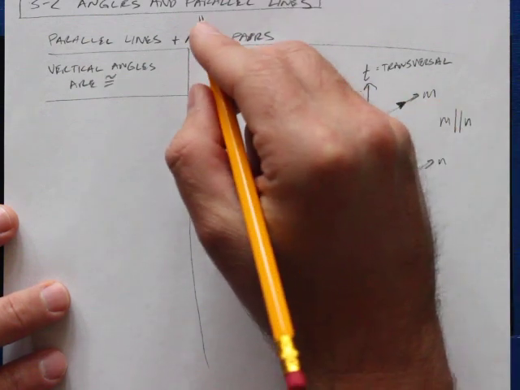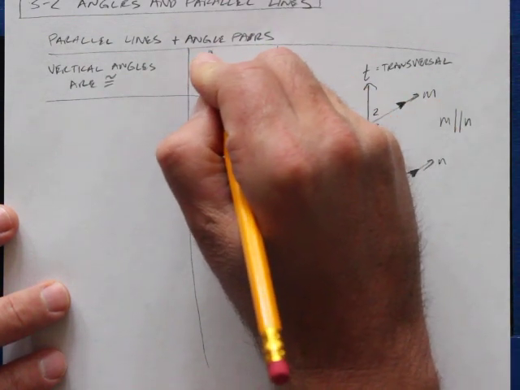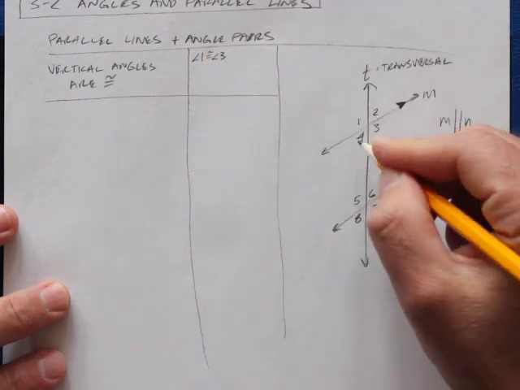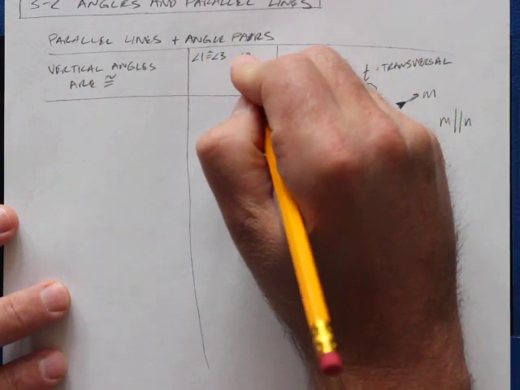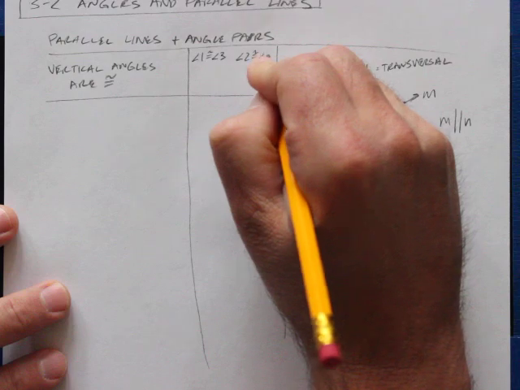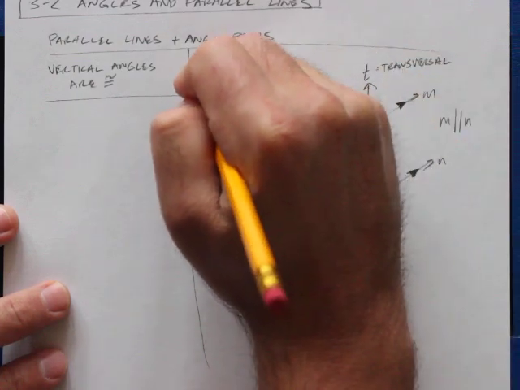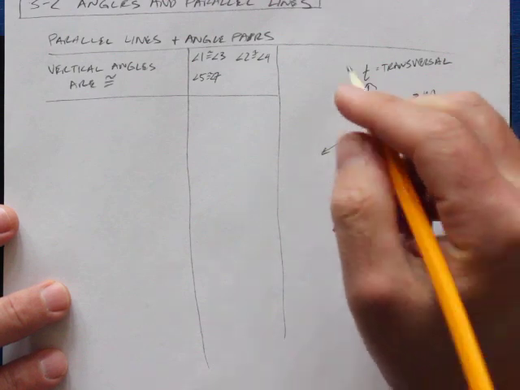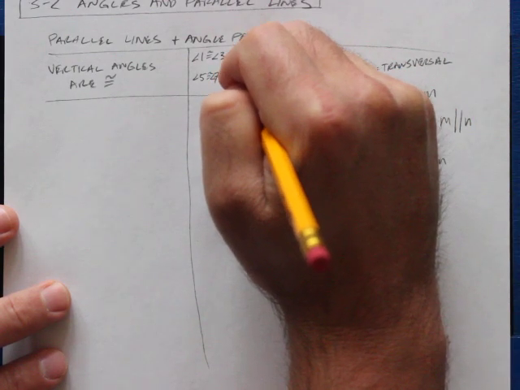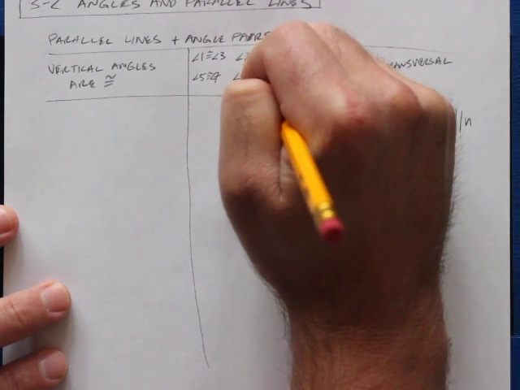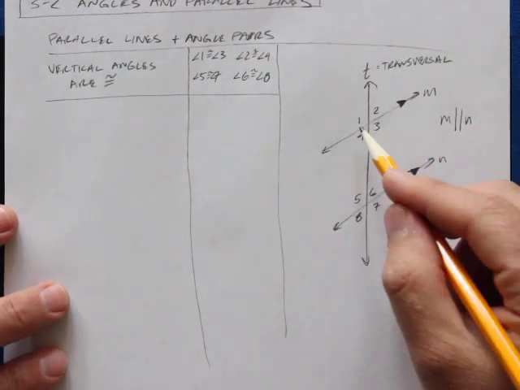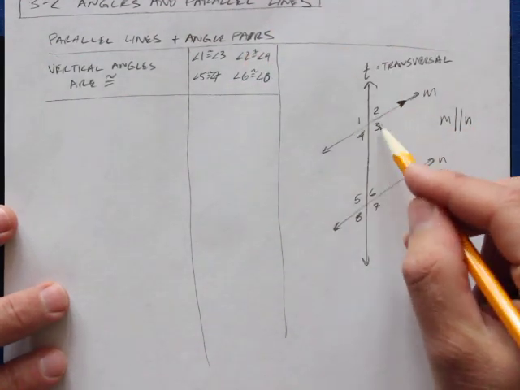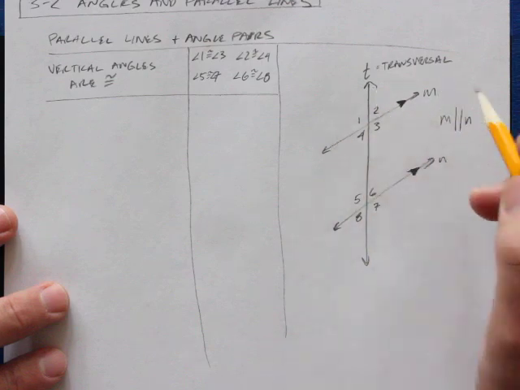So 1 and 3 are vertical angles. 2 and 4. 5 and 7. And 6 and 8. So those are all vertical angles. They are the ones that are right across from each other when two lines intersect.